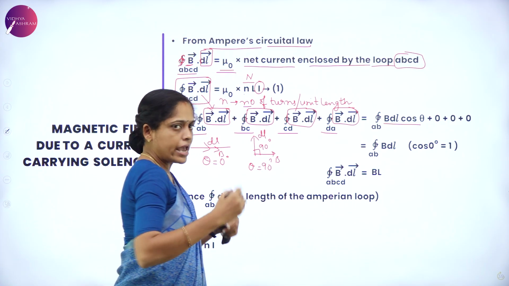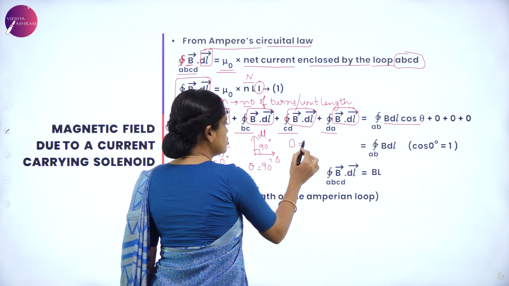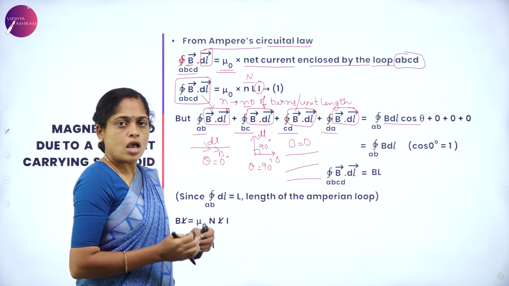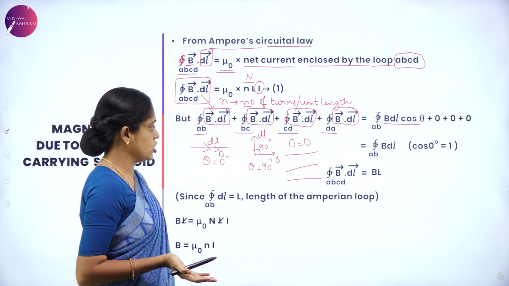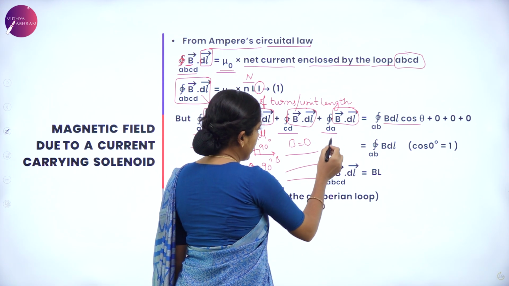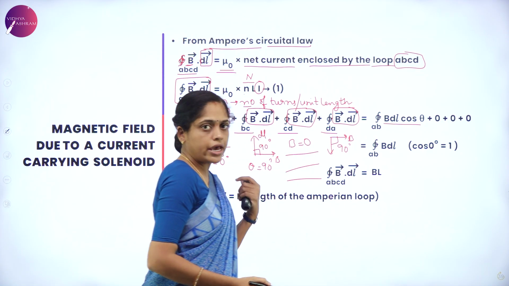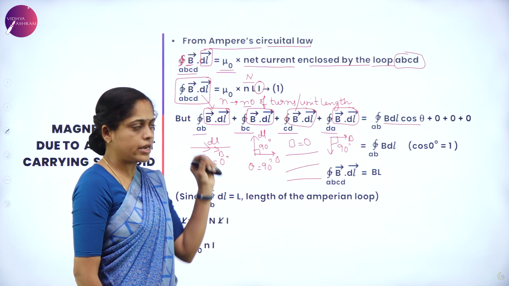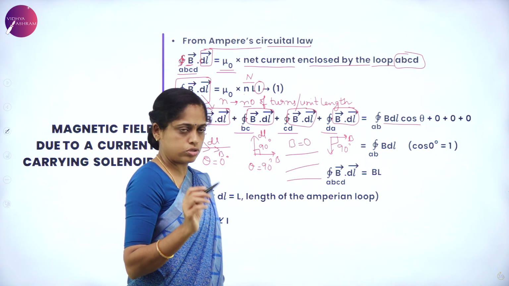CD lies outside the solenoid, where the magnetic field is 0 because the magnetic field lines are far away from each other. For DA, dl and B are at 90 degree.